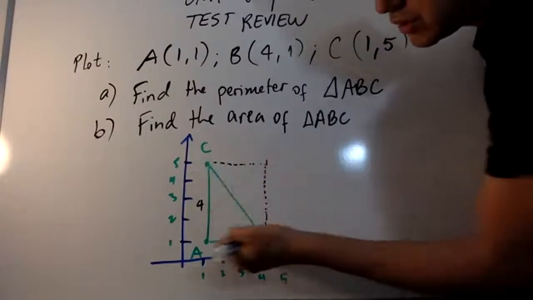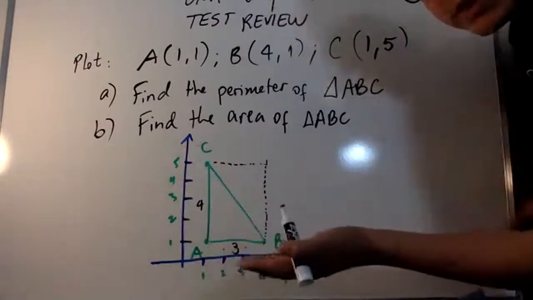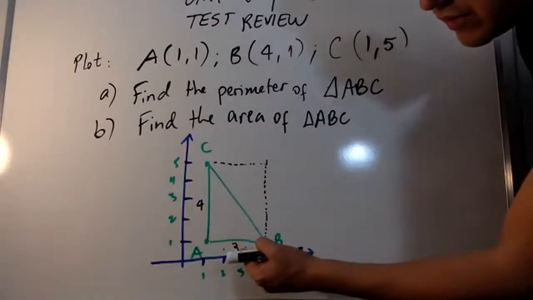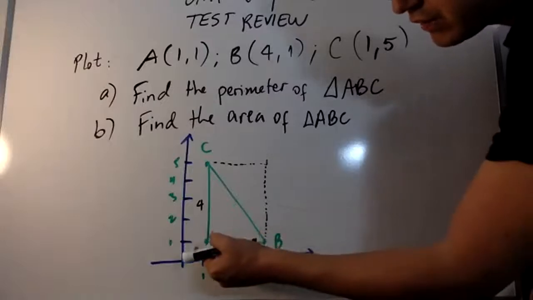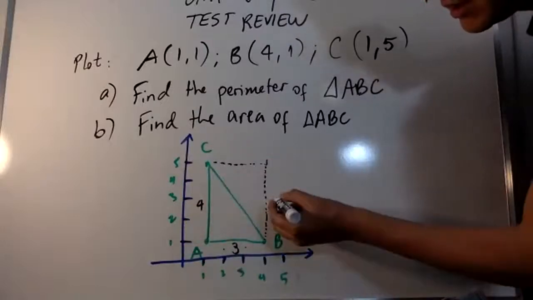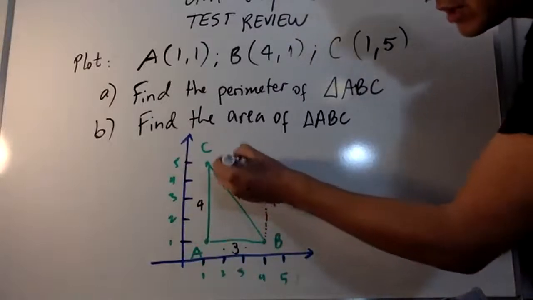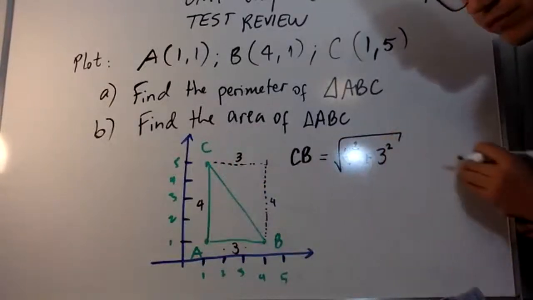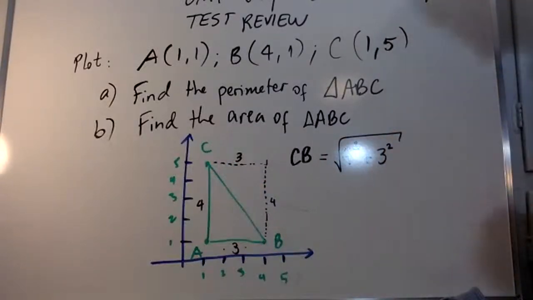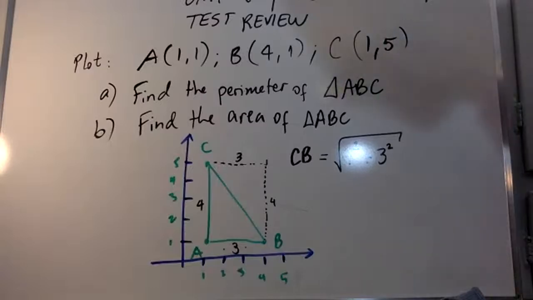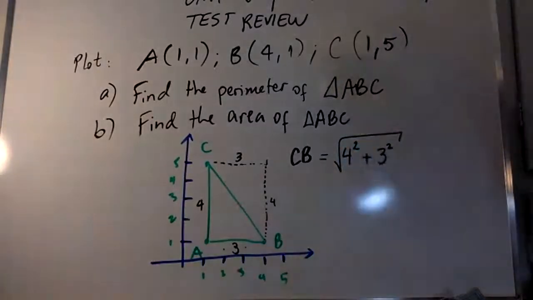You could also do left and up. It's the same idea. You go 3 to the left and 4 up, and then you are at C. Here it's the same thing, 4 and 3. And then I take the square root of the sum of the squares of these two.